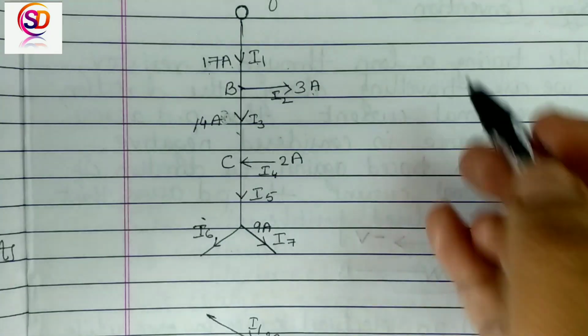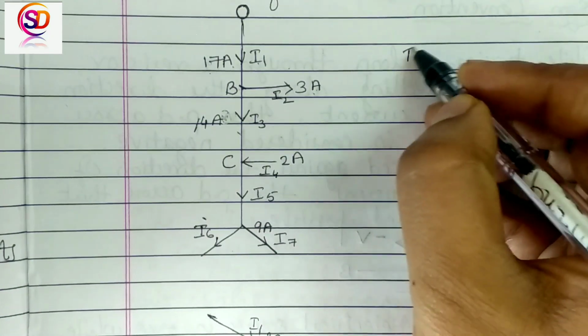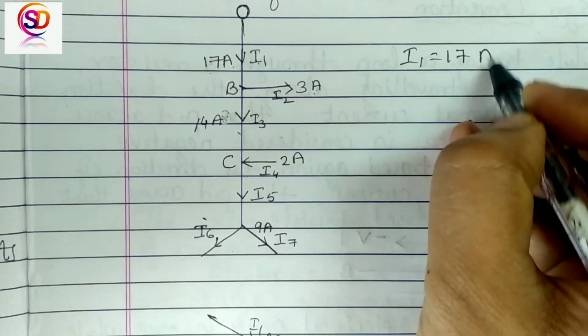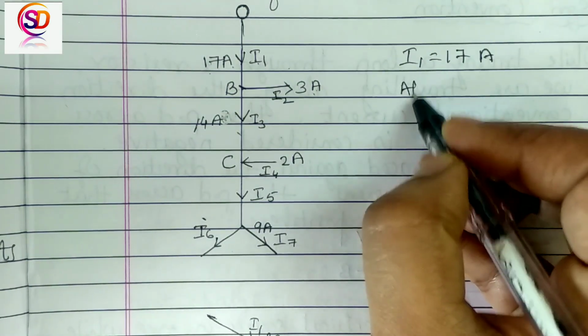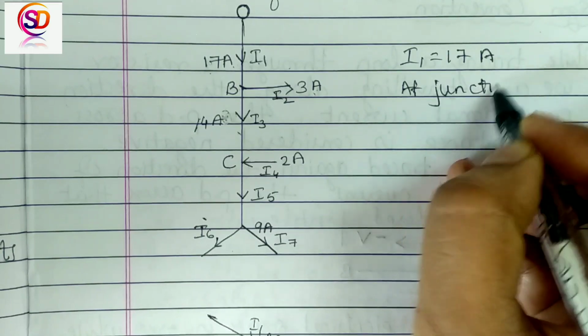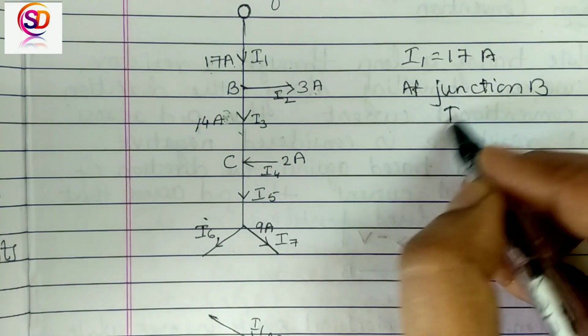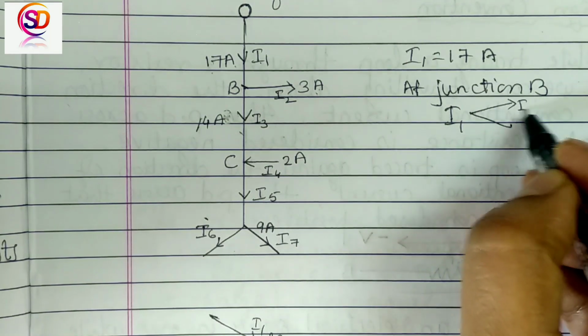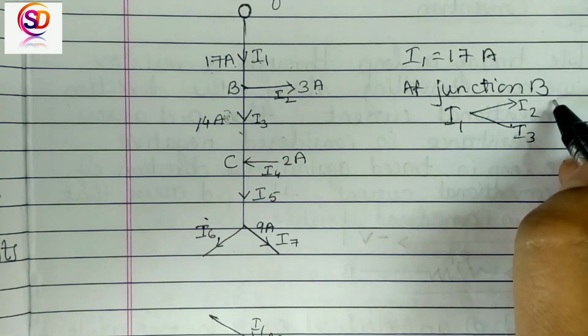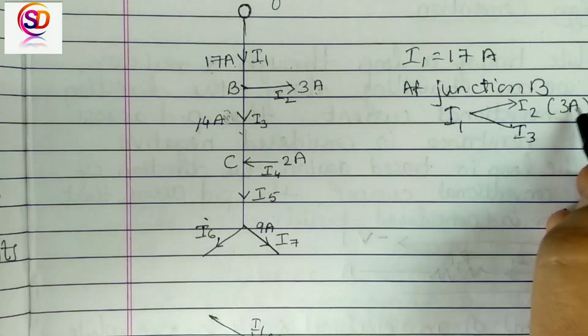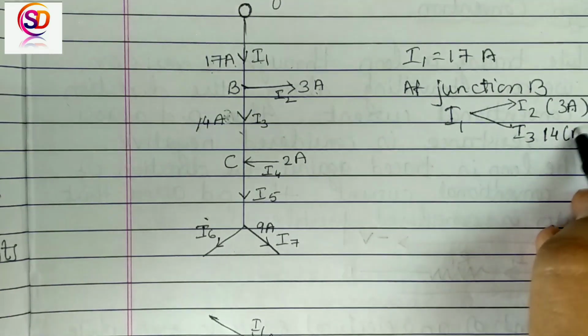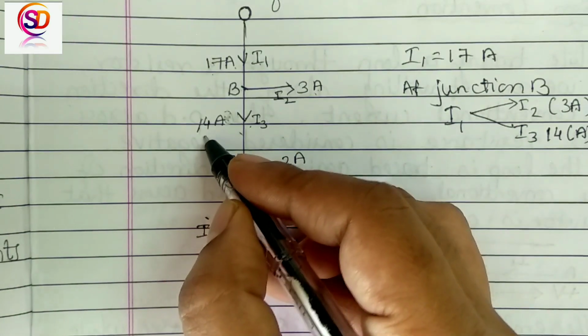At junction B, I1 is split into I2 and I3. I2 is 3 ampere, so 17 minus 3 gives 14 ampere. Now I3 became 14 ampere.